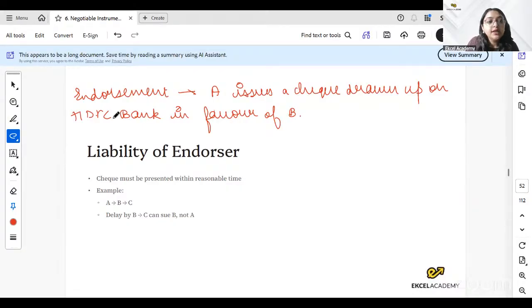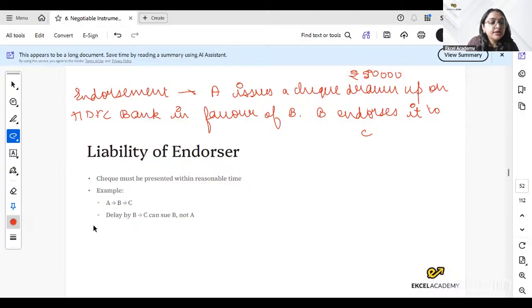A is the drawer, HDFC Bank is the drawee and the payer, and B is the payee. Now let's say this check was for rupees 50,000. B also has to pay 50,000 to C. So what does B do? B will endorse it to C. So B endorses it to C. What happens now? B becomes the endorser and C becomes the endorsee.